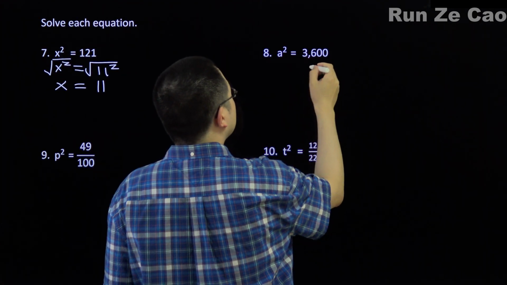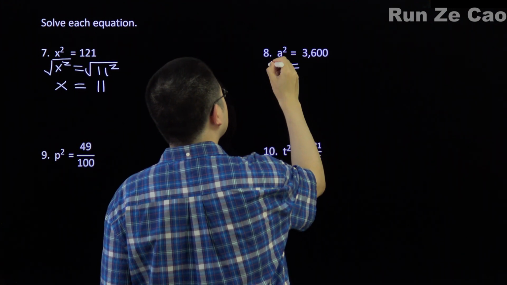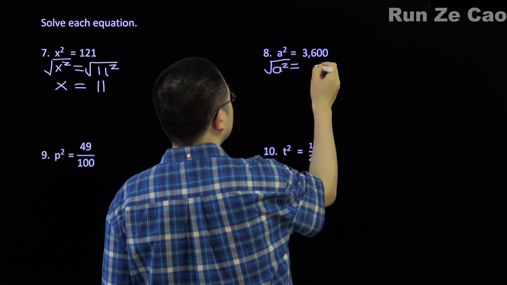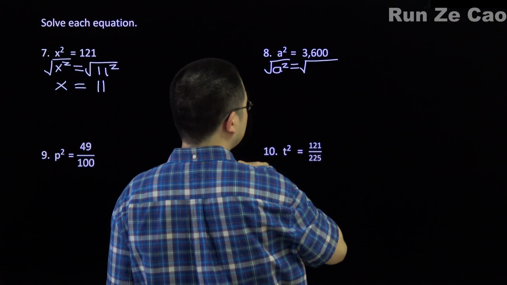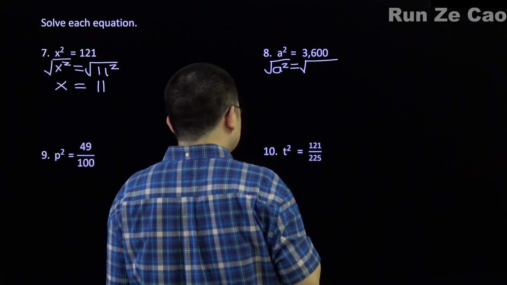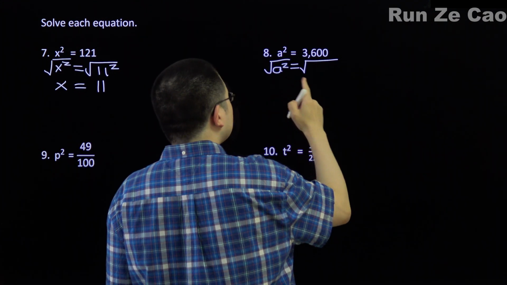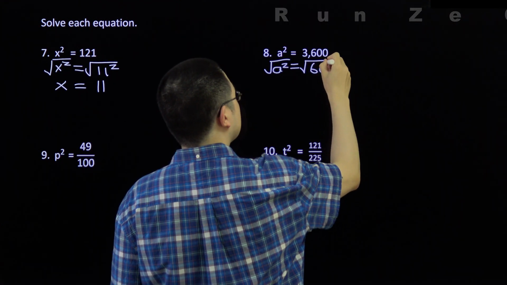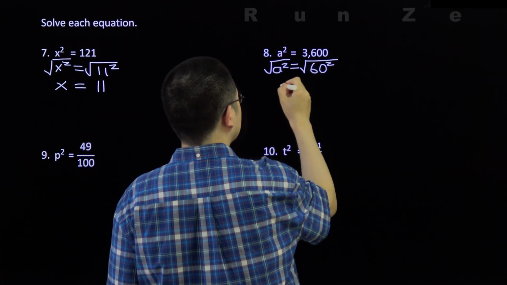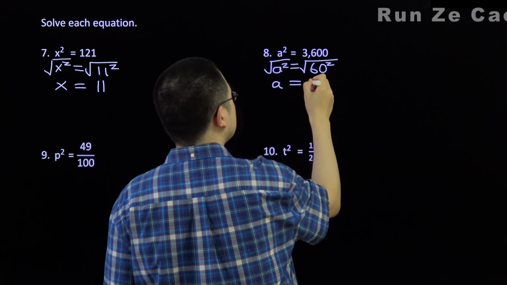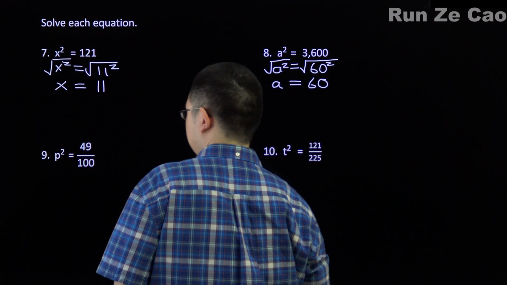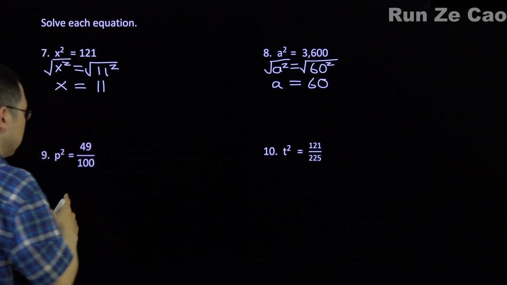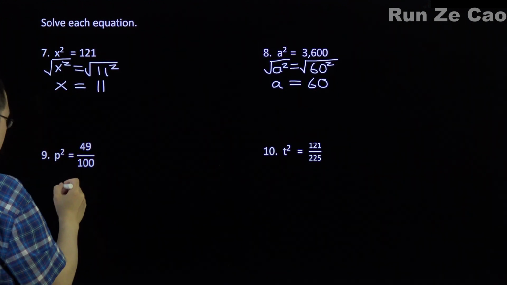A squared is equal to 3600, while square root of a squared is equal to square root of 3600. 60 times 60 is equal to 3600. 60 squared. So a is equal to 60. P squared is equal to 49 over 100.